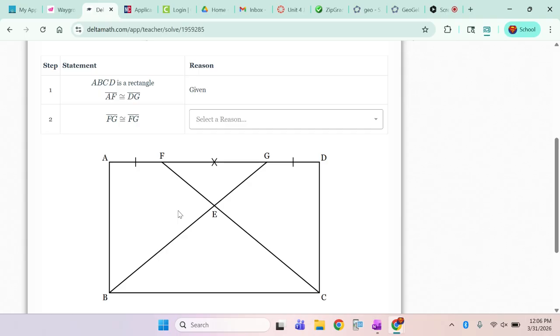So you're going to want that journal entry out. Because this one specifically, this part of your Delta Math, you got to know how to do, because that is what's going to be on your test.